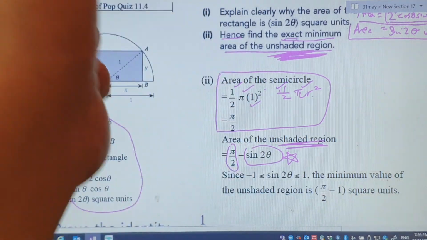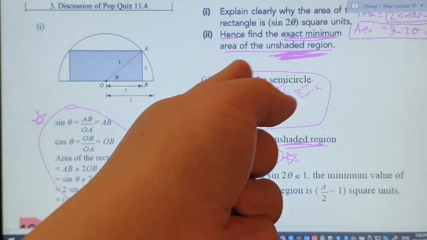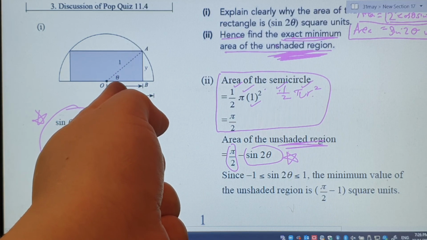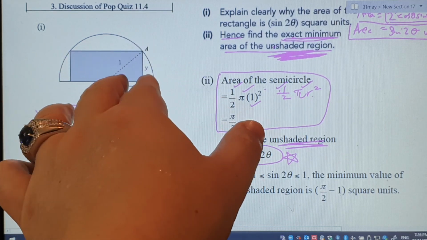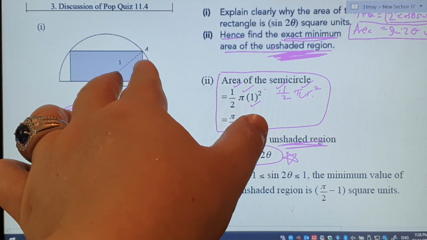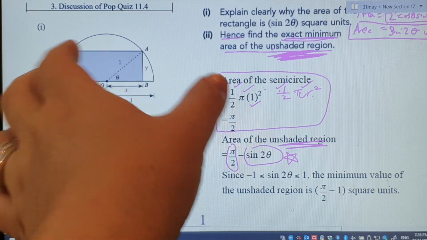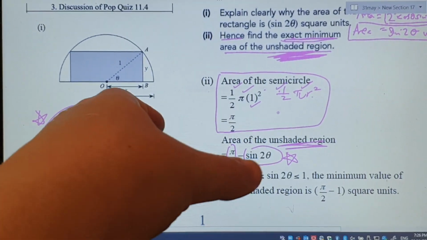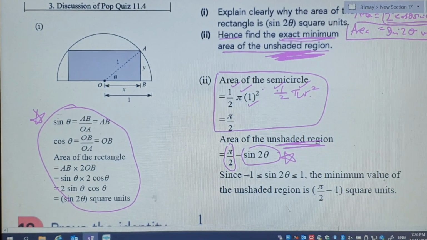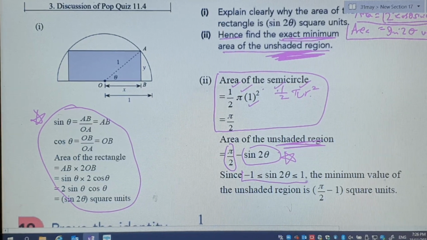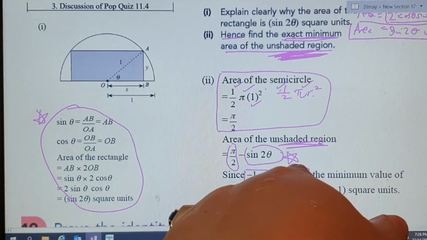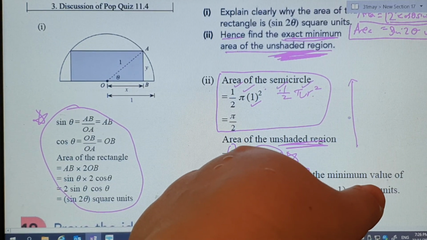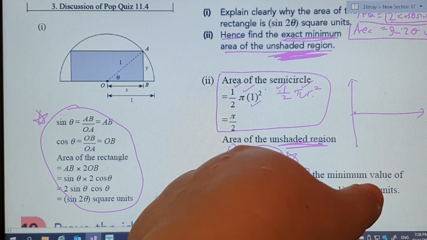Now, how do you find the minimum area? They are assuming that the angle theta here can change. That means this theta can become bigger, can become smaller, and then this whole shape will change accordingly. We know that this is the important part here. Sine is between -1 and 1, correct?